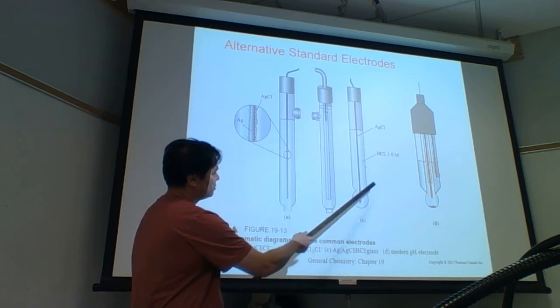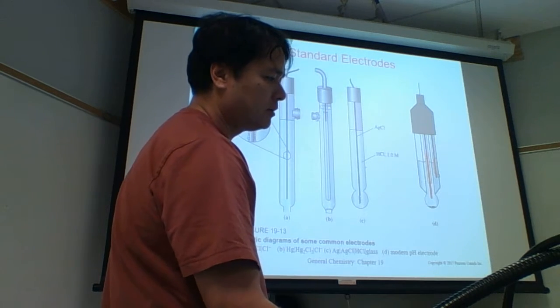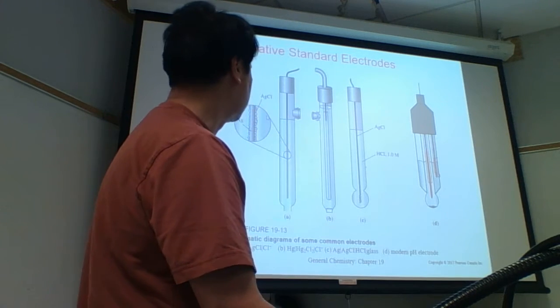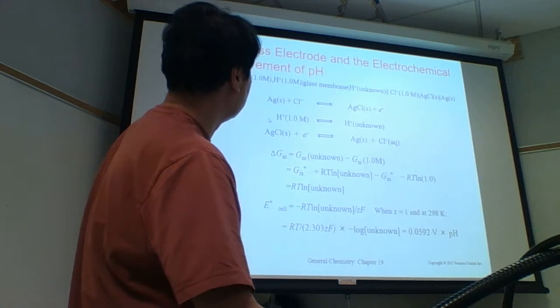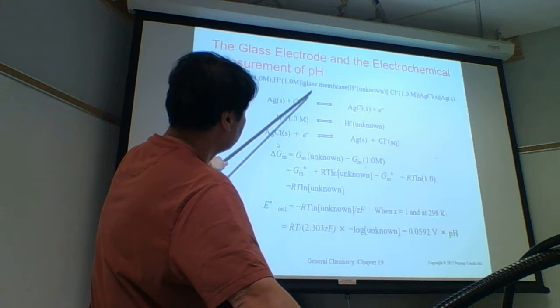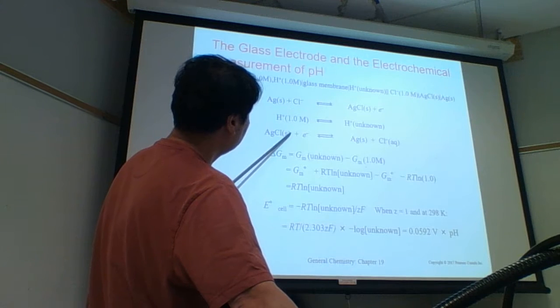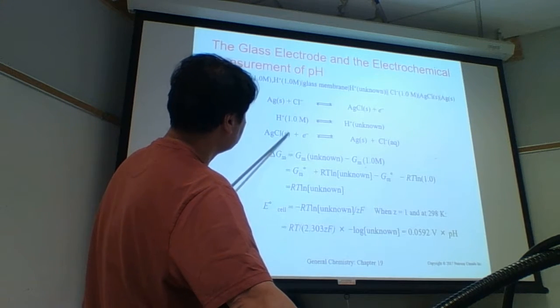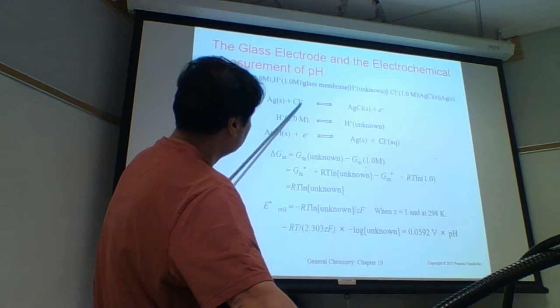So we've got some different electrodes with different half reactions there, and the half reactions were chosen to give a specific response. But we aren't going to get into these other electrodes. This is a glass electrode for pH measurement, which has silver chloride in there. Silver chloride is your oxidizer, solid silver chloride, and then silver metal is your reducer here.